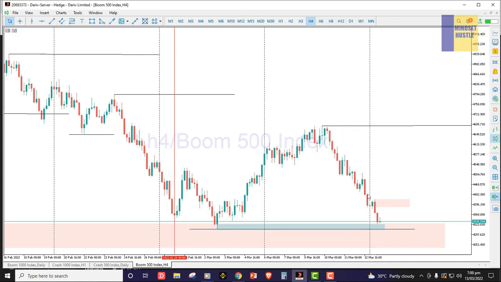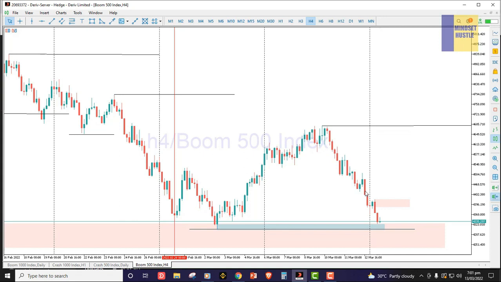Now to know about all those things, you need to do your structural markup time frame by time frame. The 3 major time frames I use to do the markups are the daily, the H4 and the M15. Then I use M5 and M1 to make entries.